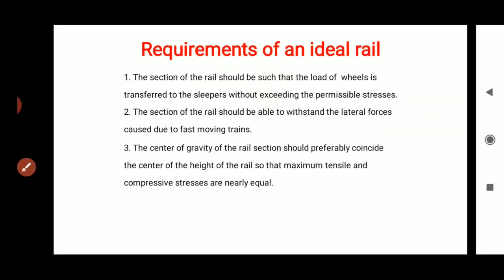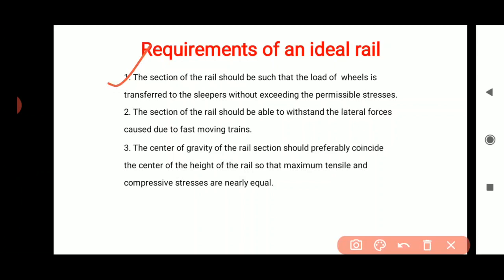The next is requirements of an ideal rail. The first point is that the section of the rail should be such that the load of the wheel is transferred to the sleepers without exceeding the permissible stresses.